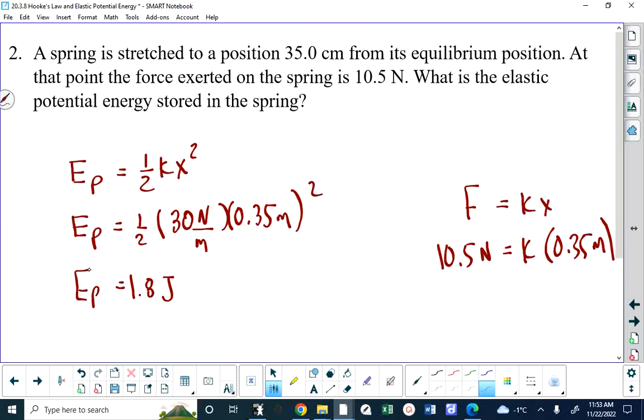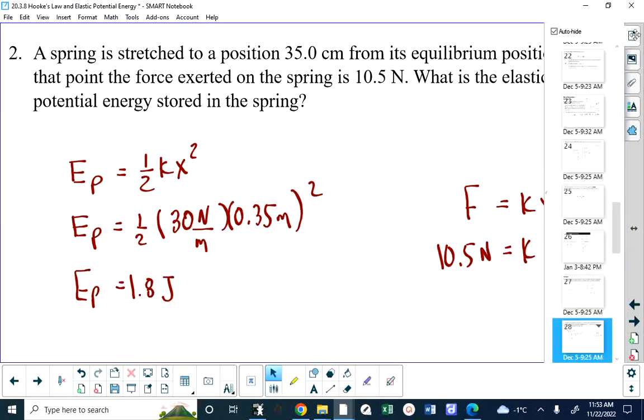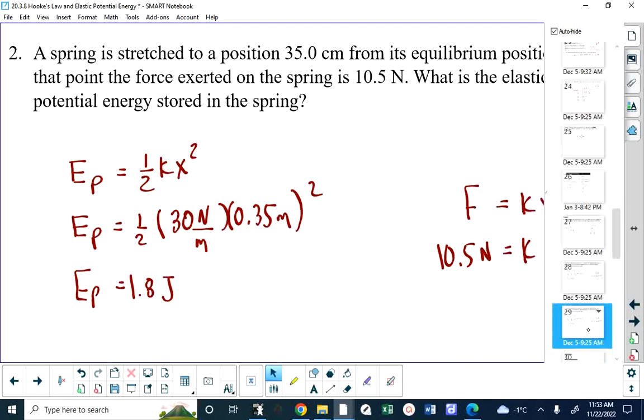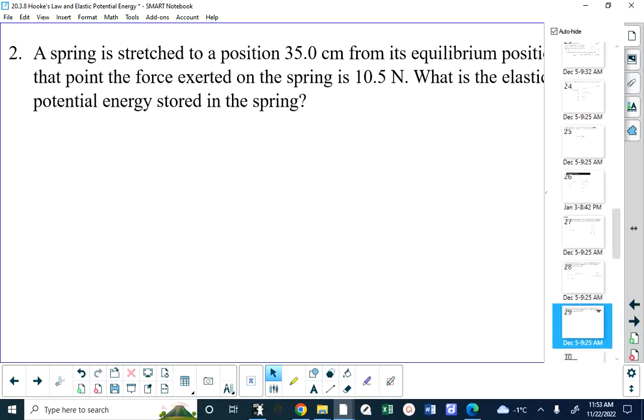Okay, so before you get started on the practice, I've told you, and it's true, that the spring or elastic potential energy stored in the system is the work done. That's true. So what if a person looked at this question and said, well, this question is asking me to find the elastic potential energy, so I'm going to find the work done.